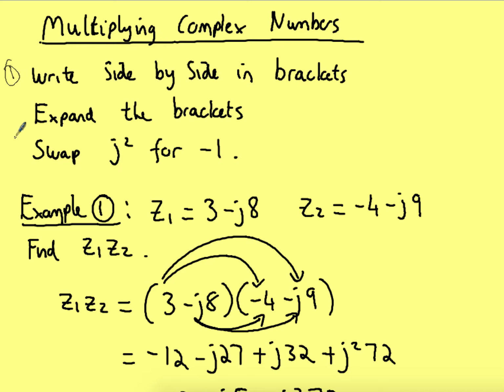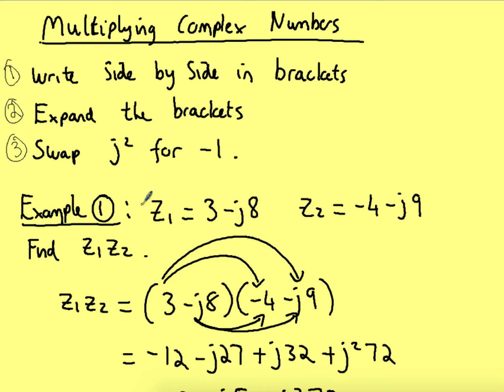Our second step is we expand the brackets, and step 3 is we swap j squared for -1. And I suppose step 4 is you simplify and collect like terms if you can. But the whole way through any question involving algebra or brackets, you should be simplifying as you go along anyway, because that's what we've been doing all the way through.